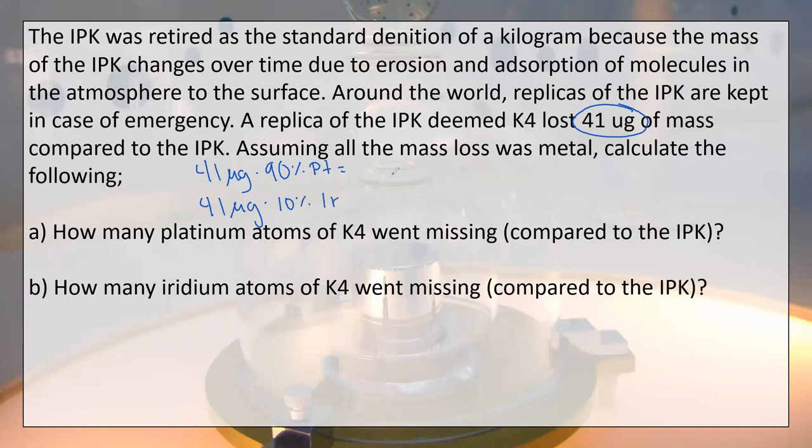And you could write that as 41 micrograms times 0.9, and then 41 micrograms times 0.1.